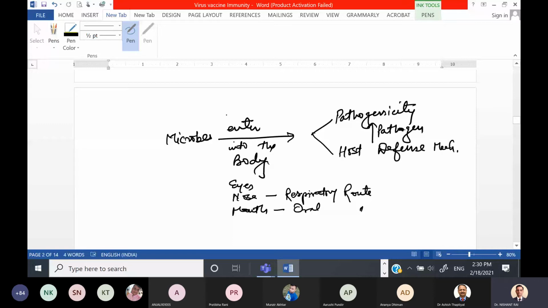So there is a direct relation between the microorganisms causing pathogenicity and the body defense mechanism, and this defense mechanism is supported by our body immunity. Immunity helps me resist the infection, and this immunity is supported by the nutrition we are getting. So this concept works.